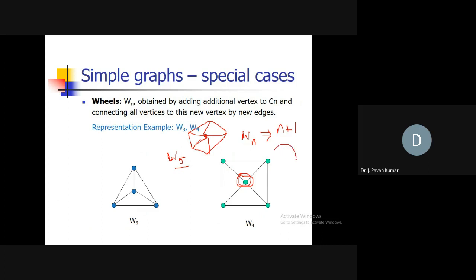The outer cycle will have n edges, because it is a Cn. Next we have a middle vertex, or some vertex, which can be outside also, that is adjacent to all these. So it will be adjacent to all the n vertices. So n plus n, it will be 2n edges. A wheel graph will contain n plus 1 vertices and 2n edges.